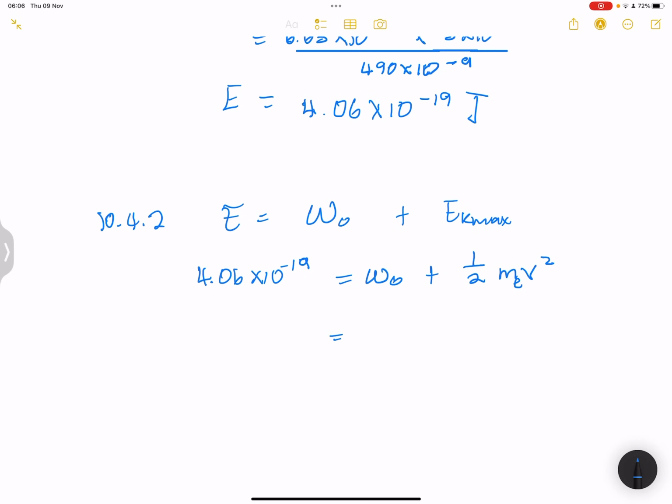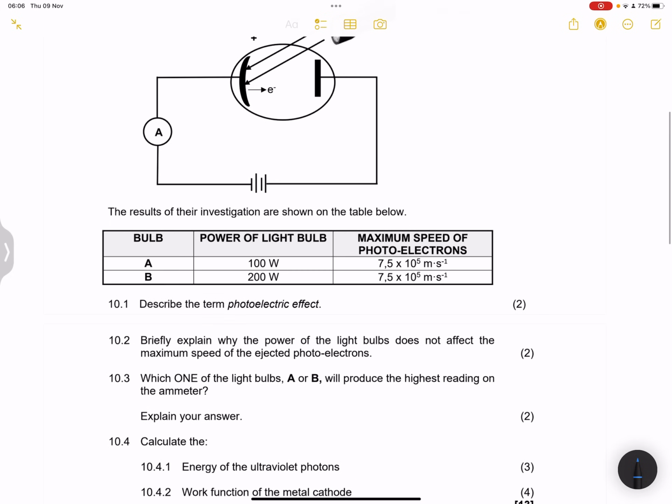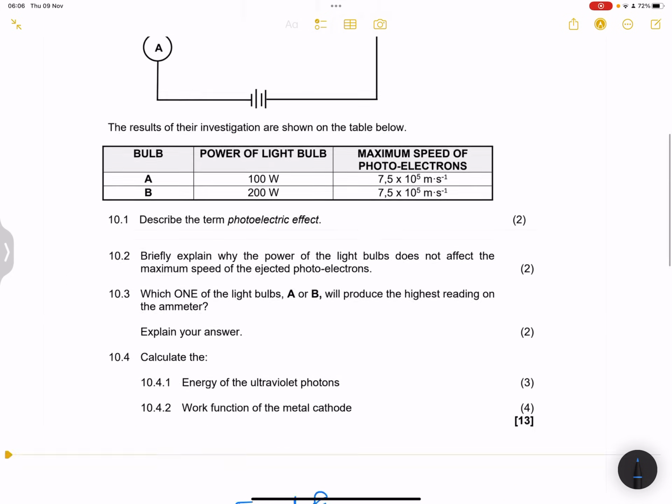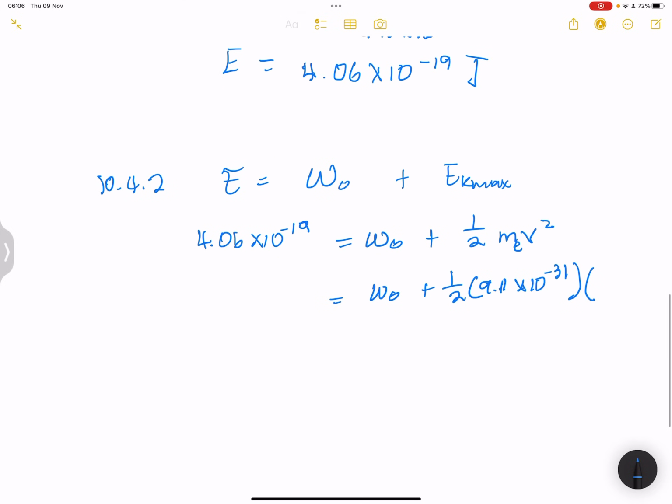That's the mass of an electron. So omega 0 plus half the mass of an electron, which is 9.11 times 10 minus 31 in your data sheet, multiplied by the speed given there, 7.5 times 10 to the power 5, and please remember this is squared.